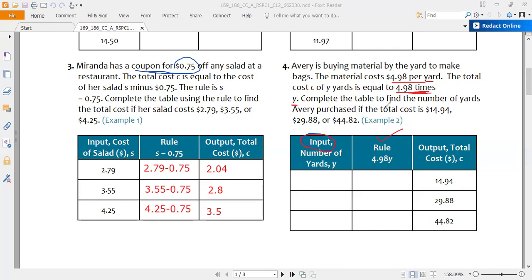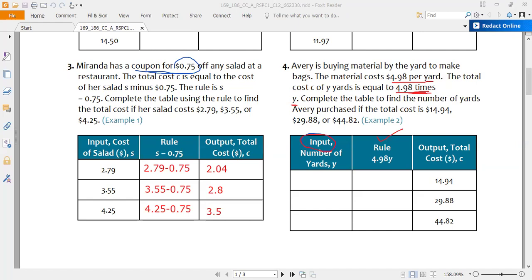Now complete the table to find the number of yards every purchase if the total cost is 14.94, 29.88, or 44.82. So here our rule is very clear: 4.98 times what number will give us this 14.94.